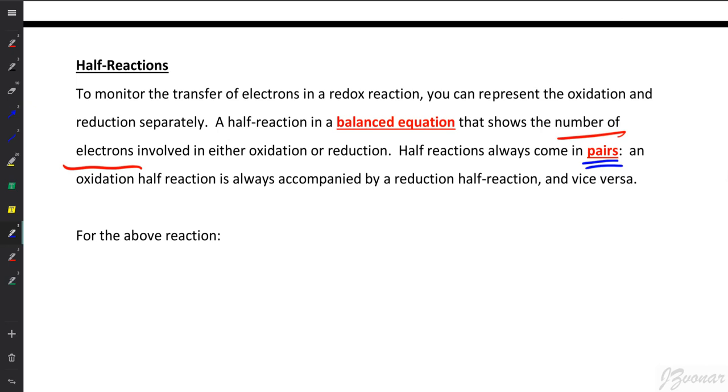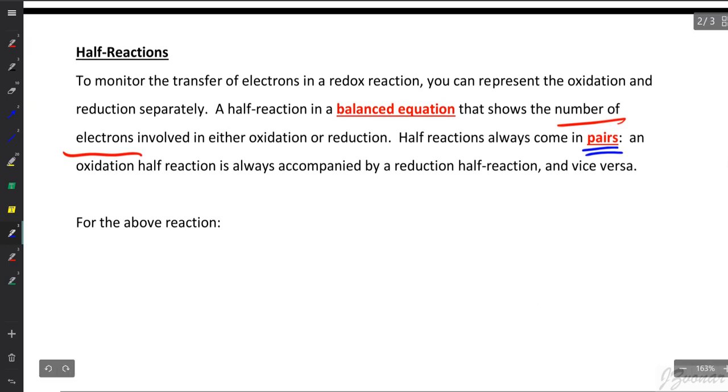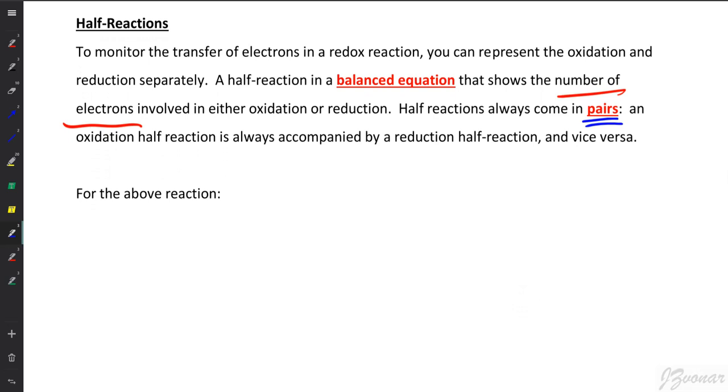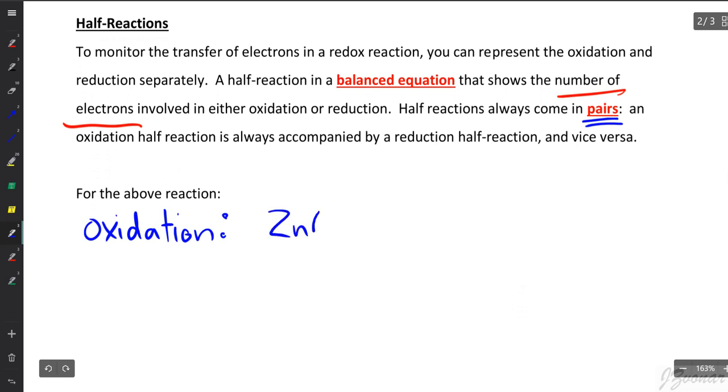So if we look at the example that we just did up above, we could write the oxidation reaction as a half reaction. What we see here is that the zinc metal is losing 2 electrons in order to become a zinc ion.